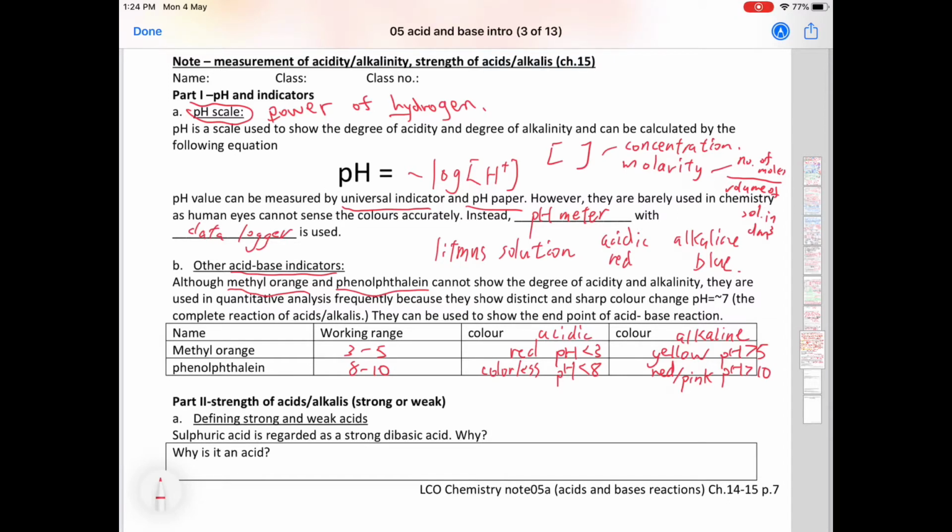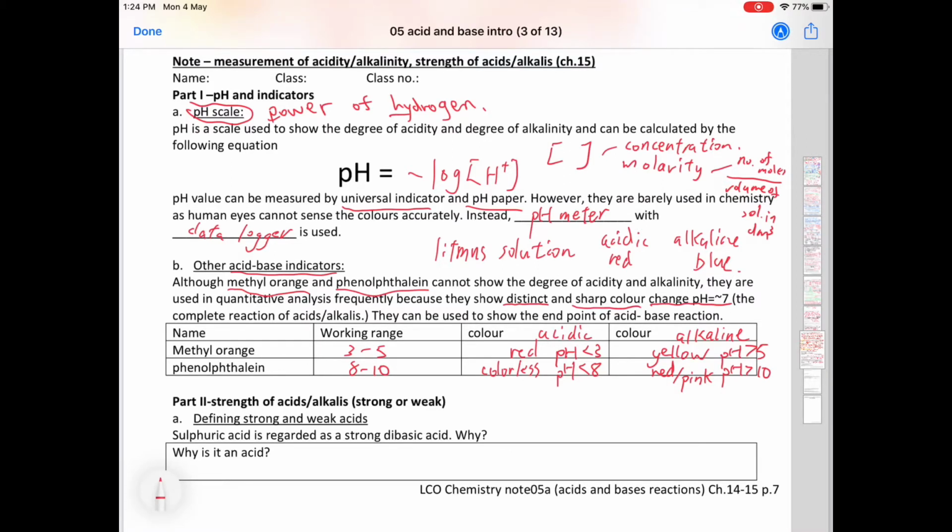And the reason why we would like to use these kinds of indicators with different working ranges is that different combinations of the reactants and also the resultant solution will have different resultant pH values. So if we want to use an indicator to show whether a reaction has been completed or not, we need different indicators with different working ranges. And these two indicators show distinct and sharp color at pH value around 7.